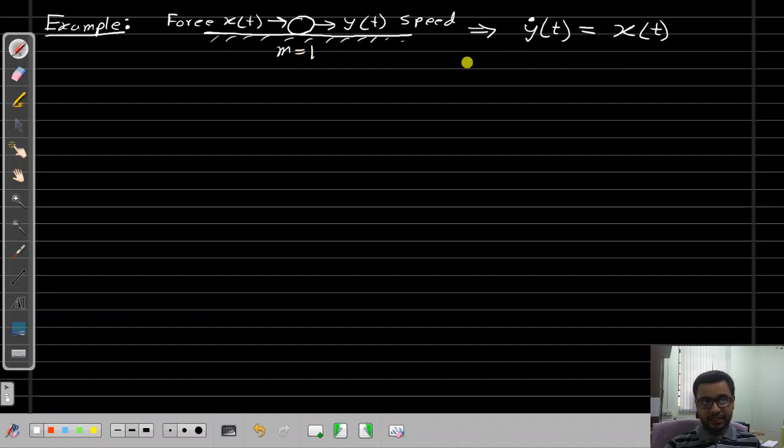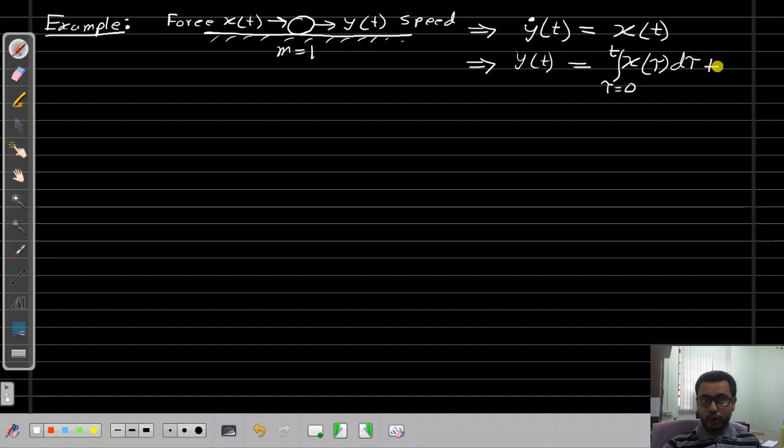And from this we can write by integrating this equation that y of t will be the integration of the force x of tau d tau, tau running from some time t equal to 0 to an arbitrary time t.